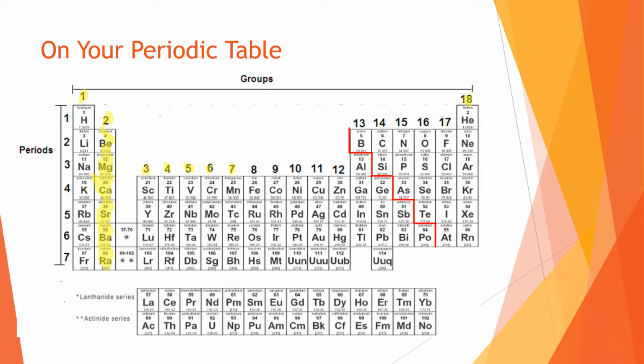They're going to have similar properties, okay? Whereas elements in the same row, so sorry, that would be these numbers. We have 7 periods or horizontal rows. All of those elements are in the second row or the second period, and they have the same number of orbits.